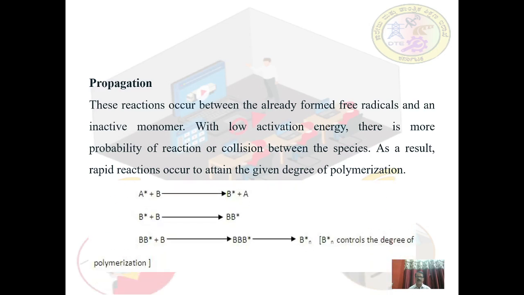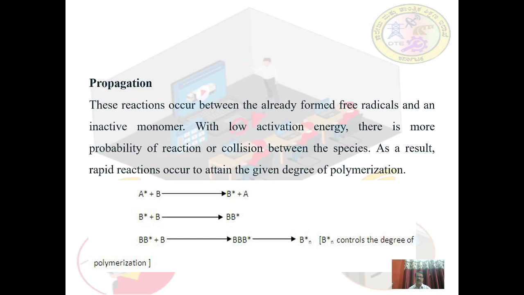So here you can see how the propagation takes place. Here A* is the activated monomer to which a B monomer is added. Then when activated, the second monomer B reacts and forms BB* active monomer.